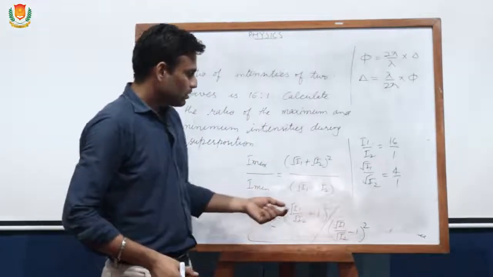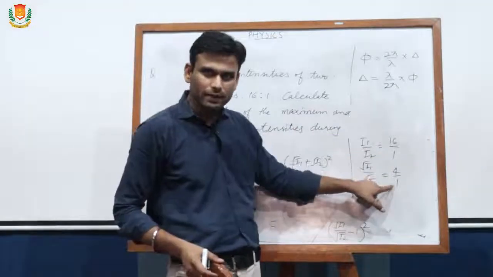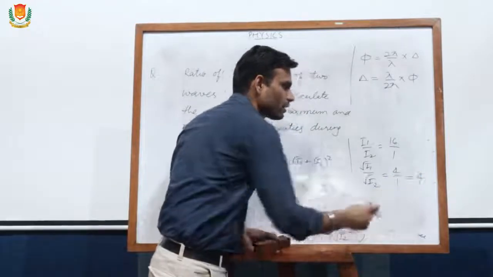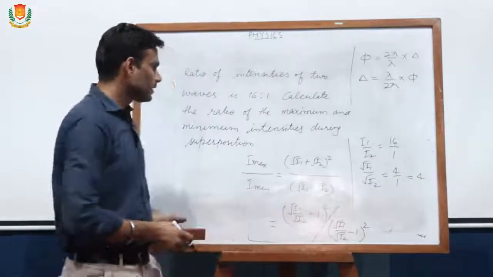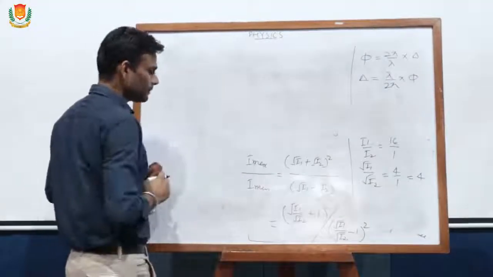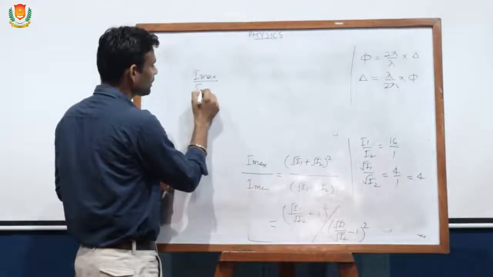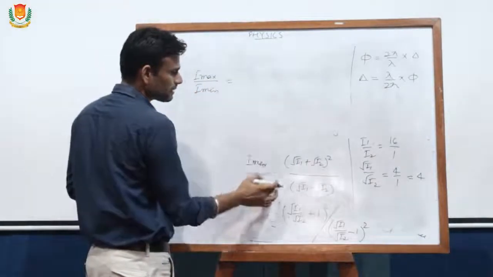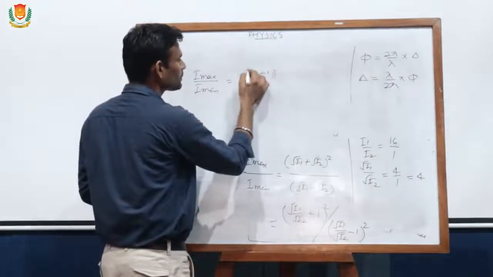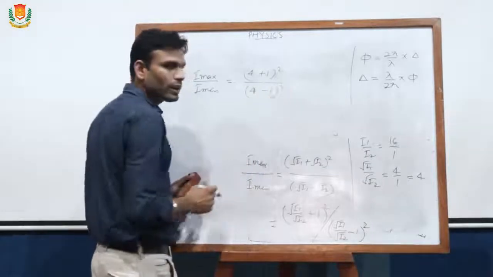Here we know that square root of I1 upon square root of I2 is 4 upon 1, or 4. We will put these values here. What will we get? I maximum upon I minimum is (4 plus 1) square upon (4 minus 1) square.